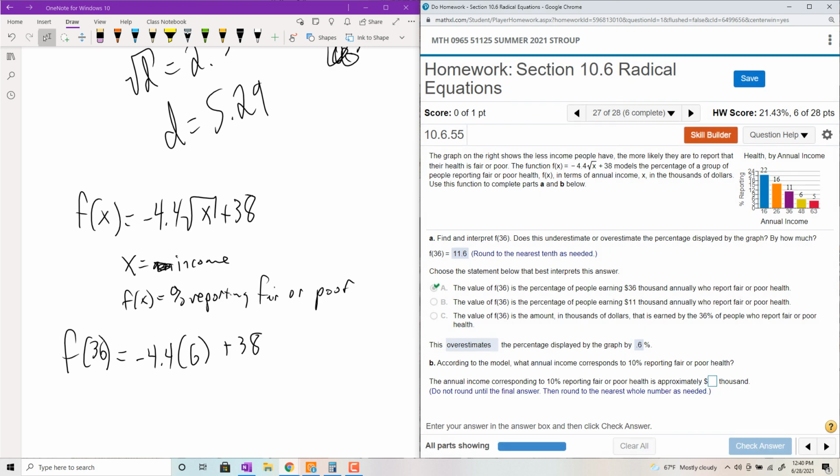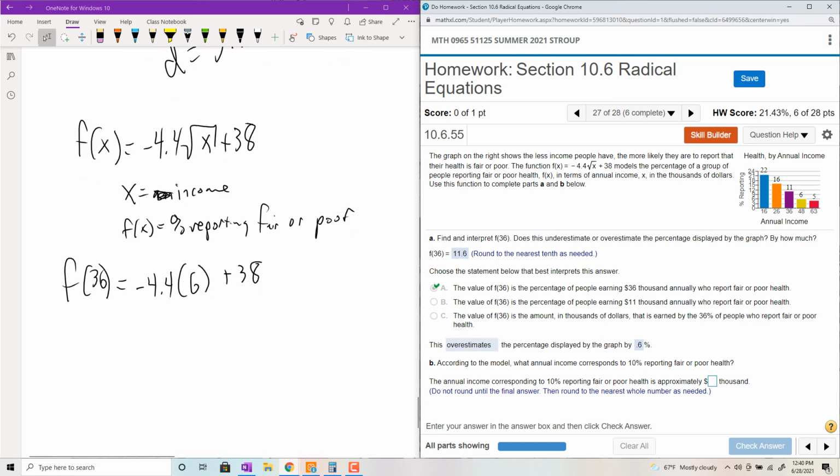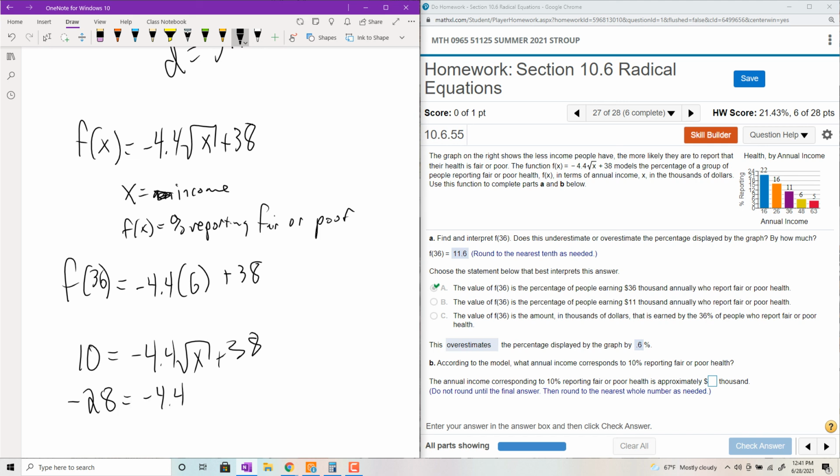According to the model, what annual income corresponds to 10% reporting fair or poor health? This time we're setting f of x equal to 10 and then solving for x. So subtract the 38, you get negative 28. Divide both sides by negative 4.4.